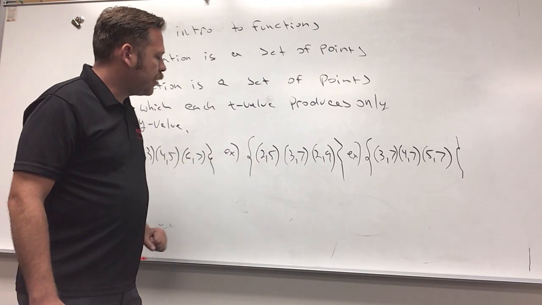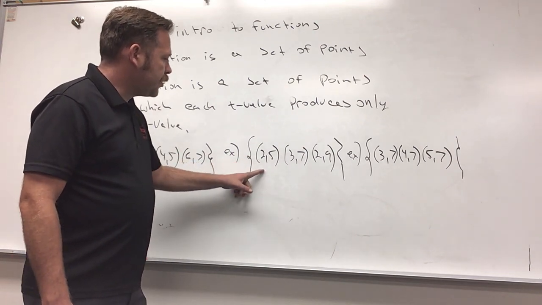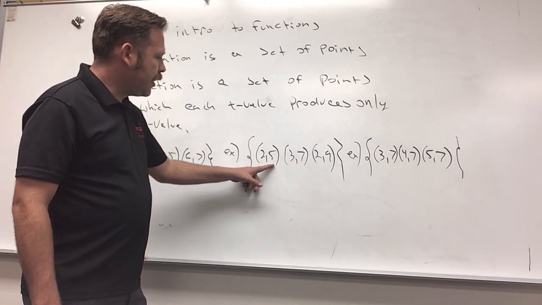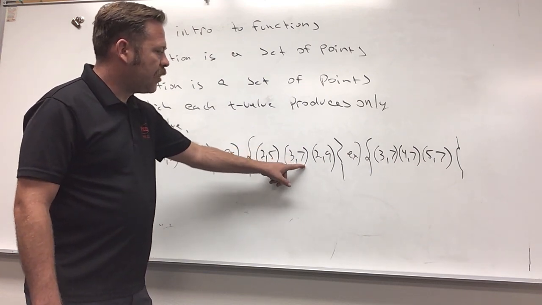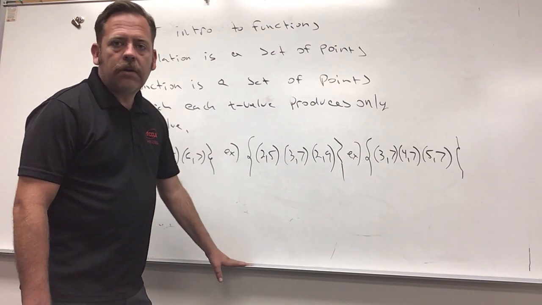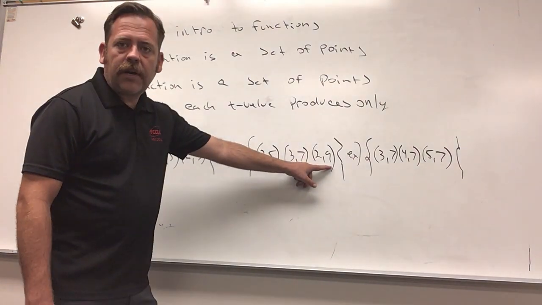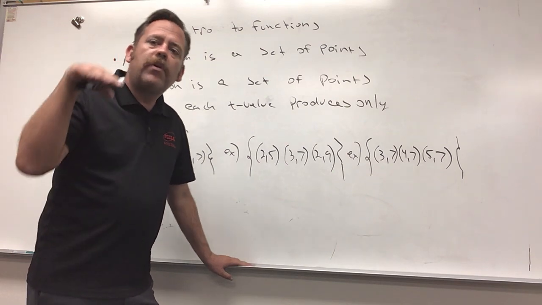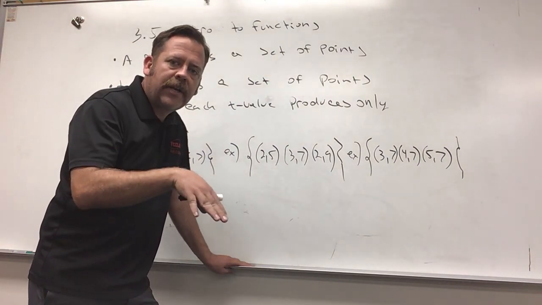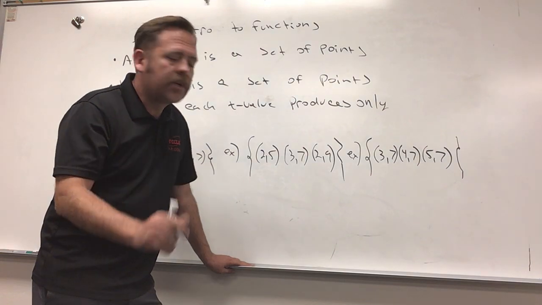In this one here, 2 produces 5. If you push 2, you're going to get out 5. 3 produces 7. The input of 3 gives an output of 7. Uh-oh. This 2 says you get out a 9. You can't have that if it's a function. If you put an x value into something and it's a function, you need to know what's coming out.